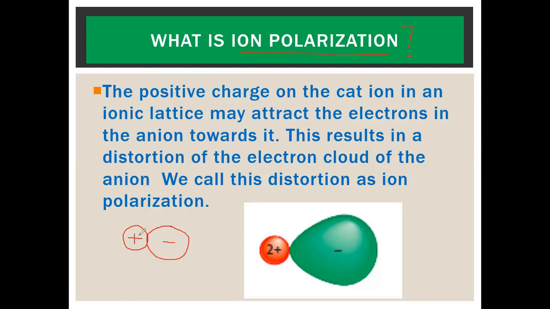Let me explain one thing. This positive ion, or the cation, attracts the electronic cloud of the negative ion, because the negative ion has more electrons. So what we believe is that there is an electronic cloud in the anion, and this whole electronic cloud is being attracted towards the cation.